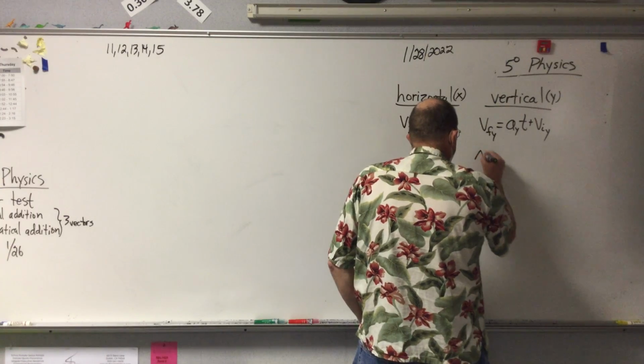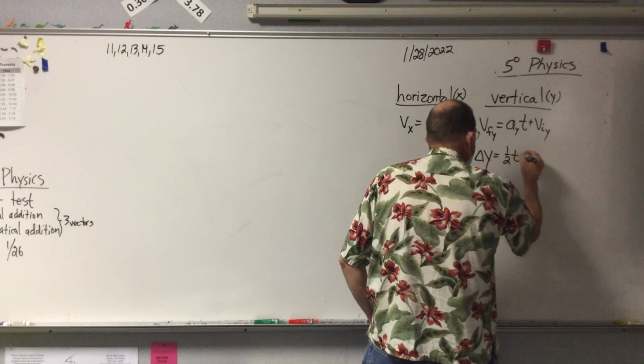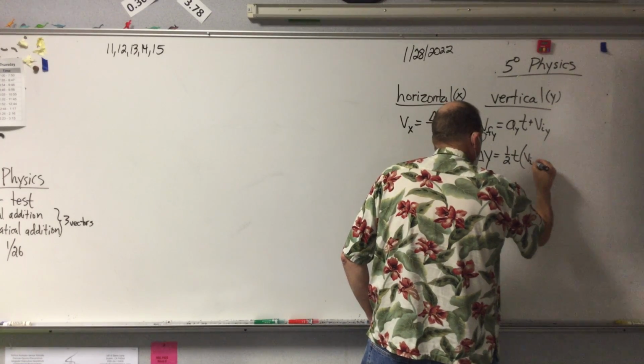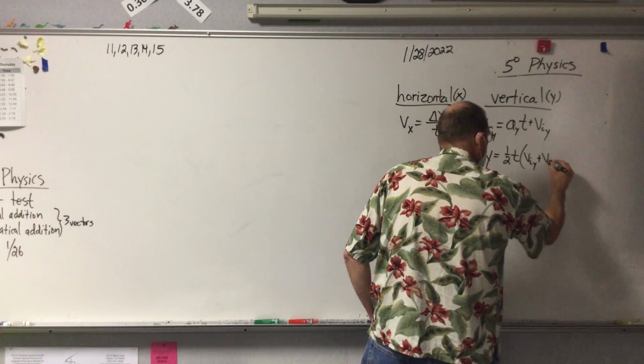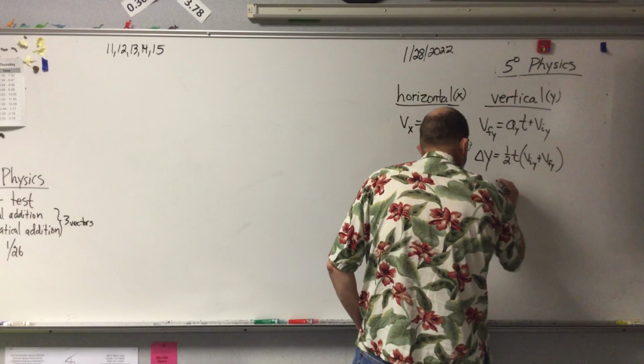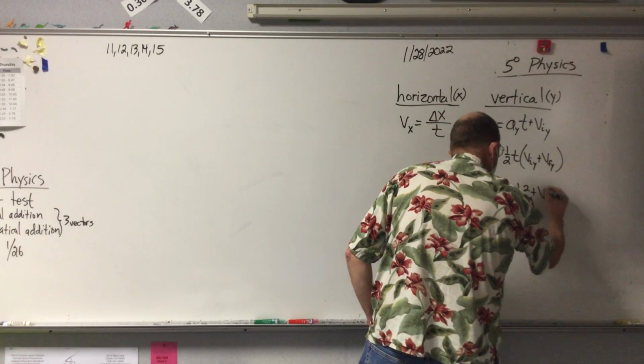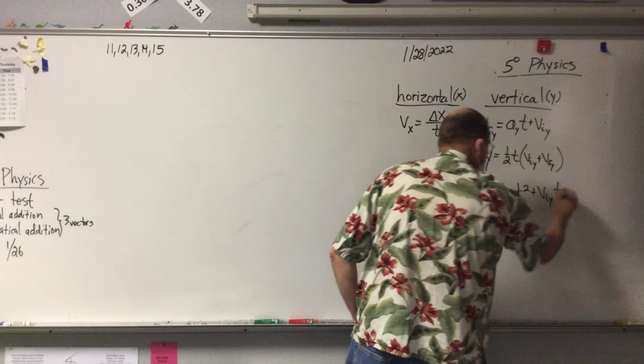And let's see, the second one was delta y equals 1/2 t times (VIY plus VFY). Then we had delta y equals 1/2 AY t squared plus VIY t.